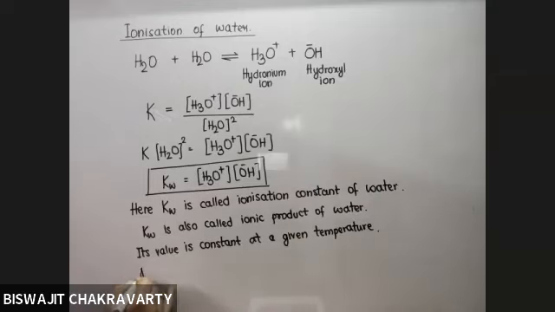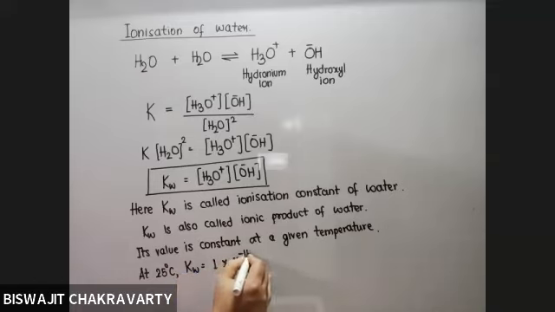At 25 degrees Celsius, Kw is equal to 1 into 10 to the power minus 14. So for standard of reference, we generally take 25 degrees Celsius, whose value is 10 to the power minus 14.